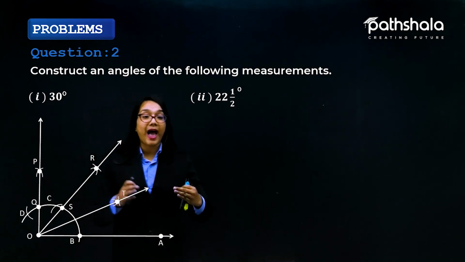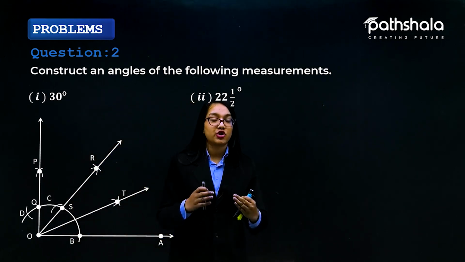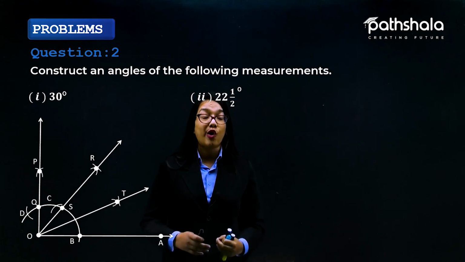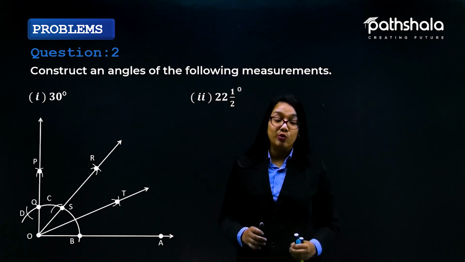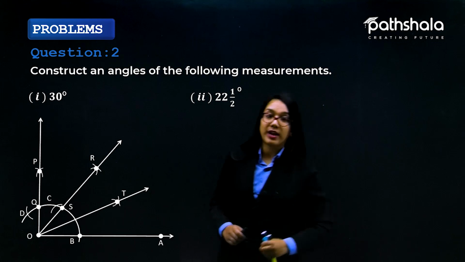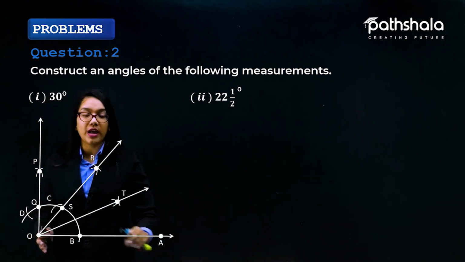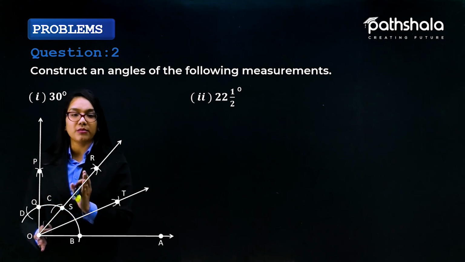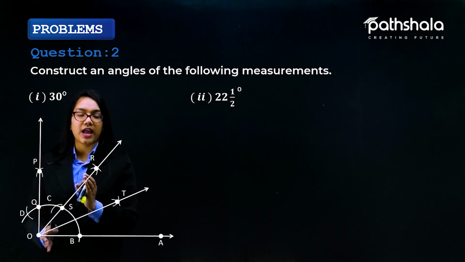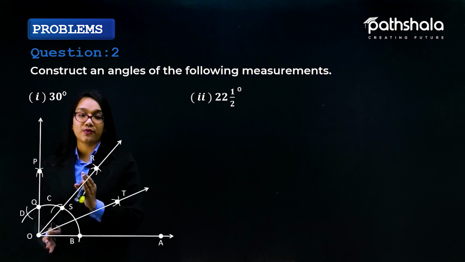So using the angle bisector construction, we have constructed an angle of 45 by 2. First of all, as you can see, we constructed the 90 degree angle, and half of 90 degrees is 45, which means we have constructed the angle bisector of 90 degrees, that is 45.